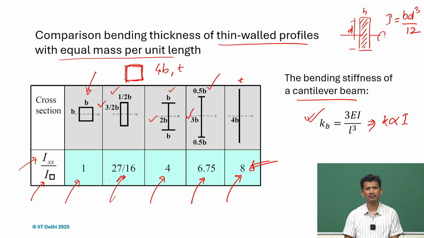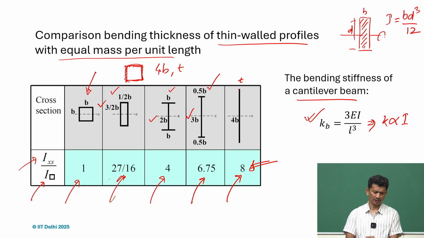Of course, we also need to remember that if it is a thin section and a large bending load is coming, it will be prone to warping, and any asymmetric, off-axis load will cause a lot of problems.